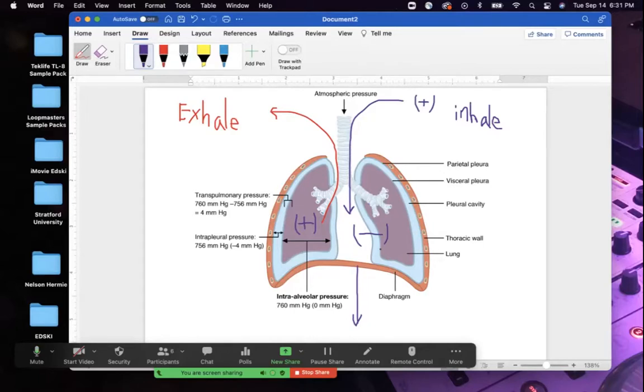Increase the volume, according to Boyle's Law, I'm going to create a negative pressure. Therefore, positive atmospheric pressure is greater than negative internal lung pressure. So the air will go from the outside in. That's inhalation, and it requires muscles. The two muscles, again, I'll repeat, are your intercostal muscles and your diaphragm.